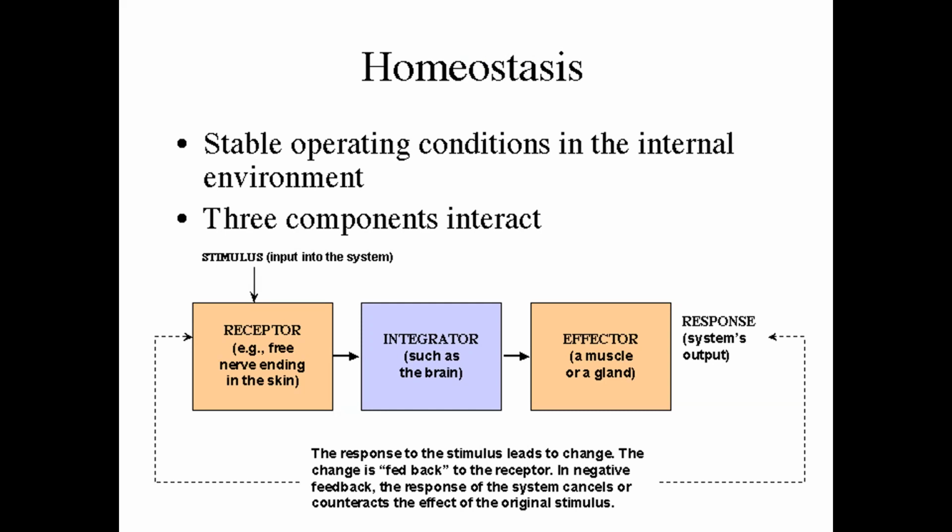Okay, the response to the stimulus is going to lead to some type of change. Okay, we refer to this change as feedback. Okay, if there's negative feedback, there's going to be a system cancellation happening that's going to counter the effect of the original stimulus. But we can also have positive feedback, right? That's going to continue to sort of exacerbate what's happening.